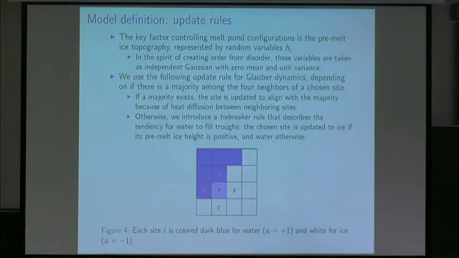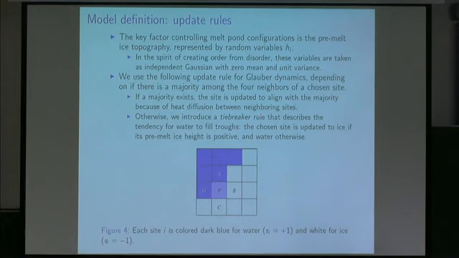Each site has 4 neighbors, and these 4 neighbors could have different spin configurations. If a majority exists, namely if a site is surrounded by 3 water sites, then we update this site to a water site. If a site is surrounded by 3 ice sites, we update it to ice. So if a majority exists, we want to update the site to align with the majority.